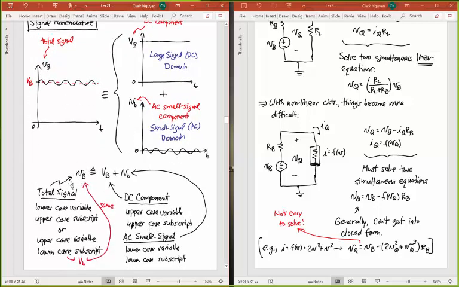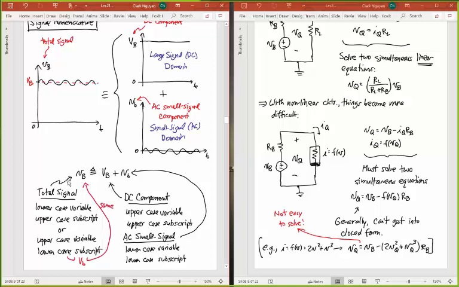So if the total signal is little v, capital B, then that's equal to the DC component, capital V, capital B, plus the small signal component, little v, little b. For DC components, we will use an uppercase variable and an uppercase subscript. For small signal, time-varying components, we'll use a lowercase variable and a lowercase subscript.